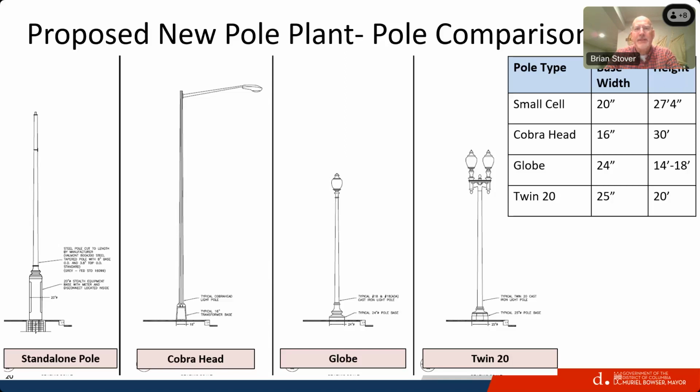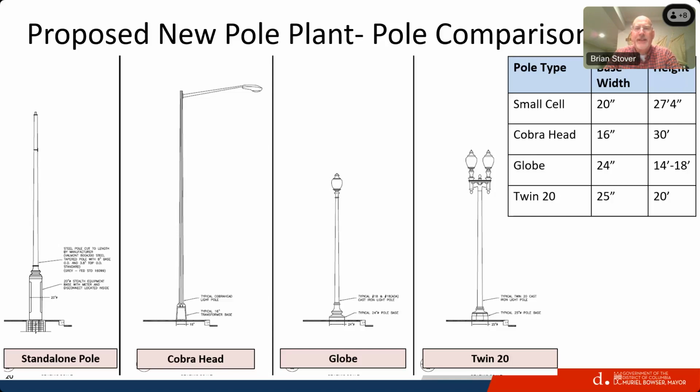It is slightly taller than the Globe poles, but what we're trying to really illustrate here is the size of the base cabinet. The small cell pole, as you can see, is 20 inches in diameter. The Cobra head is slightly smaller at 16 inches. The Globe is at 24 inches, and the Twin 20 at 25.